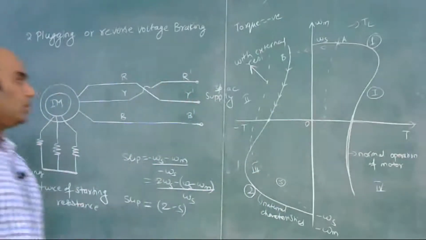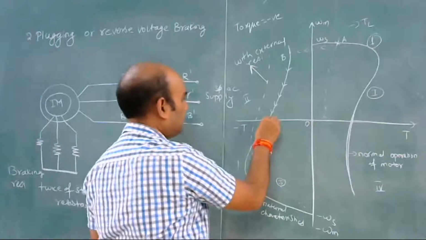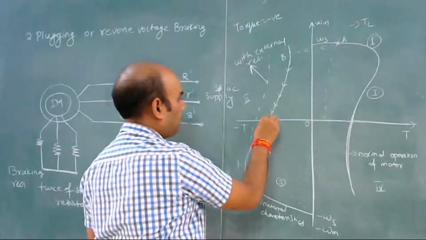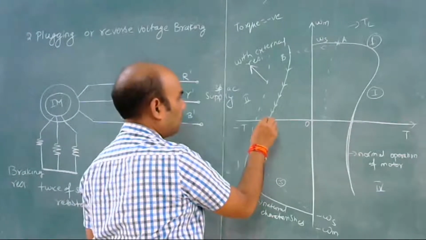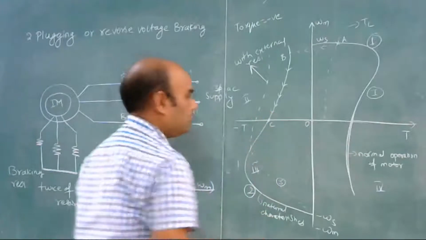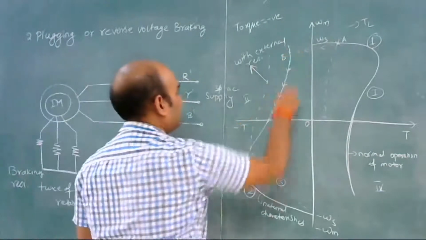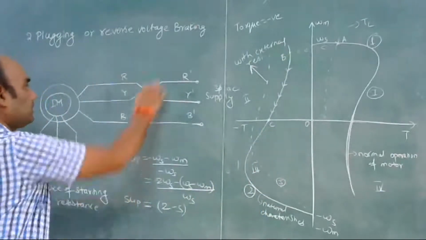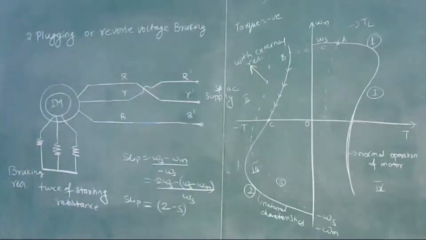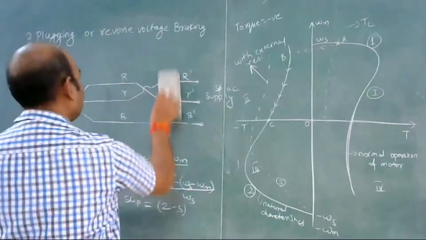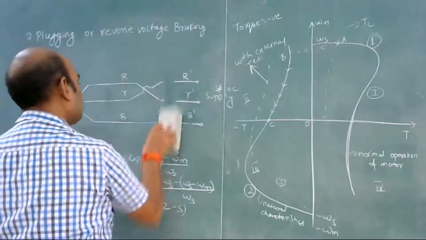So we have to disconnect the supply at this point. Let's suppose this is point C. So we will disconnect this supply at point C.